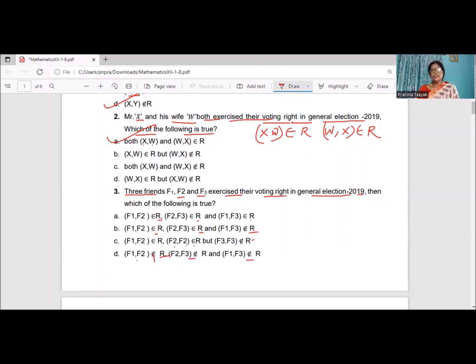So when they are casting votes, all pairs are in the relation. So (F1, F2) is part of the relation, (F2, F3) is also part of the relation. If we take the pair (F1, F3), it is also part of the relation because they have exercised their voting right. So A is the answer to this question.